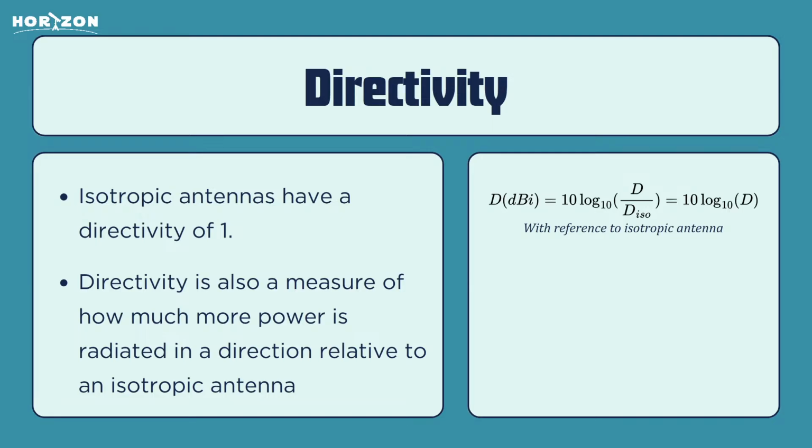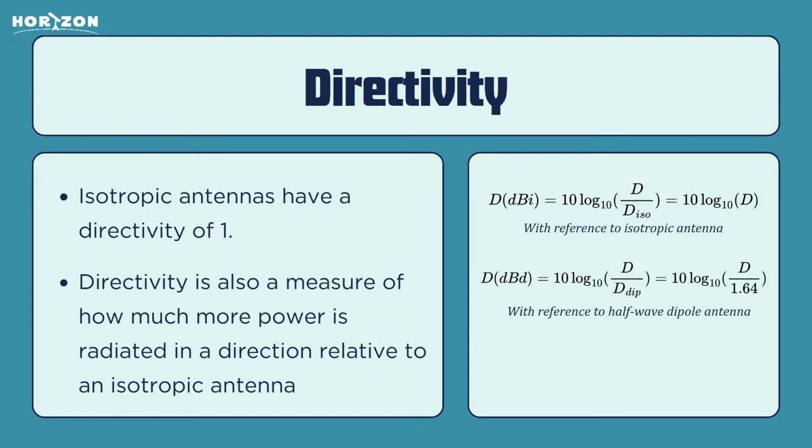Here you can see some other units which are used for directivity. Whenever you're using a decibel unit, you'll have a reference value to which you'll be comparing your measured value.